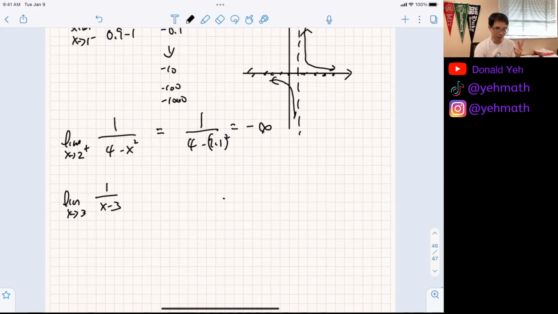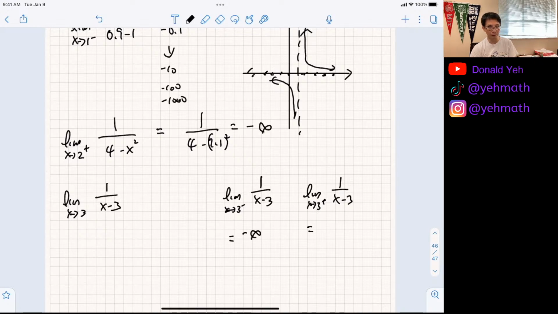If I do 2 separate sides in order to conclude this answer, what would you get for this? And what would you get for this? What do you think 3 from the left is? Negative infinity is good. How about 3 from the right?